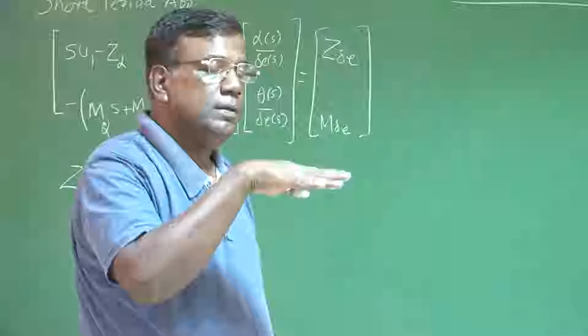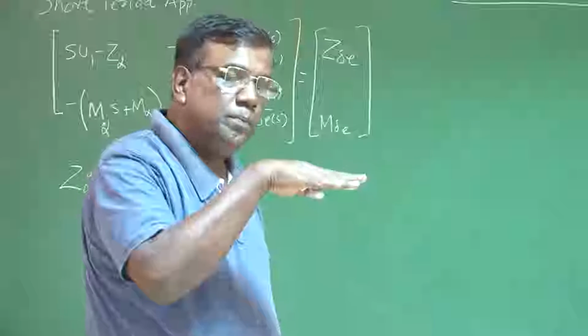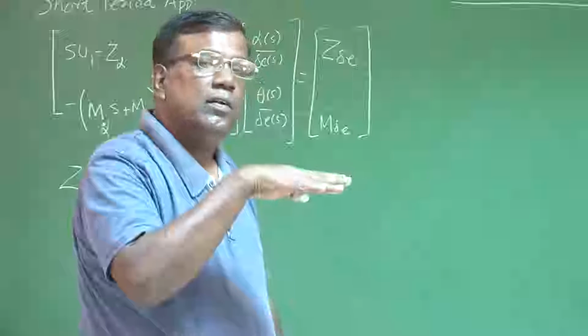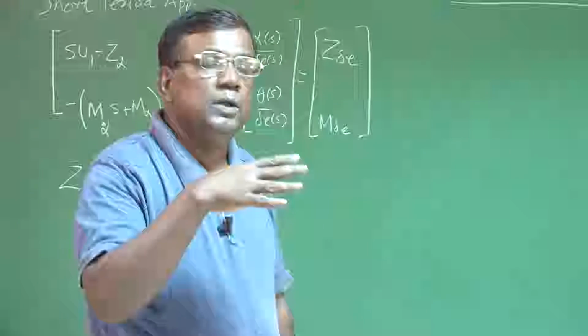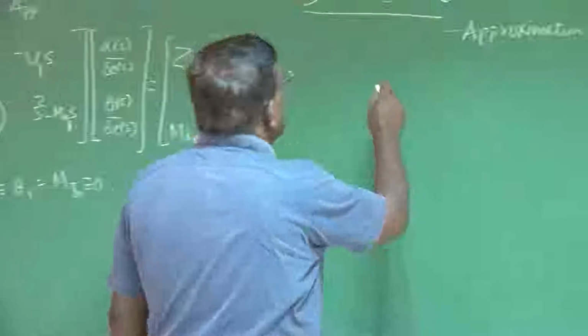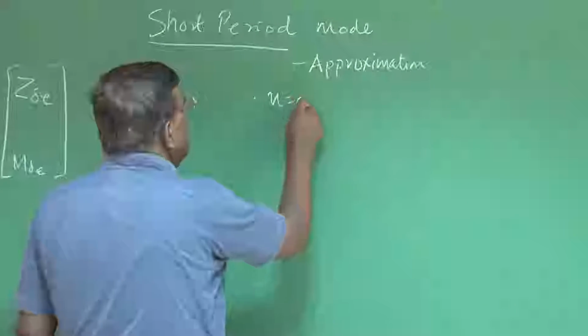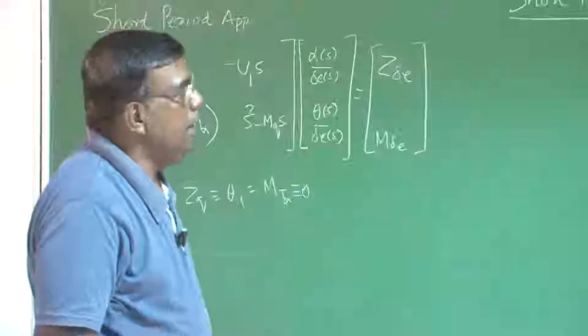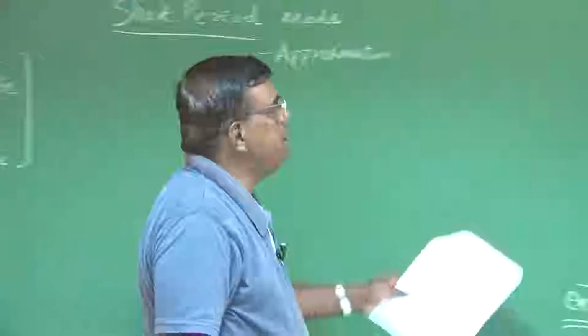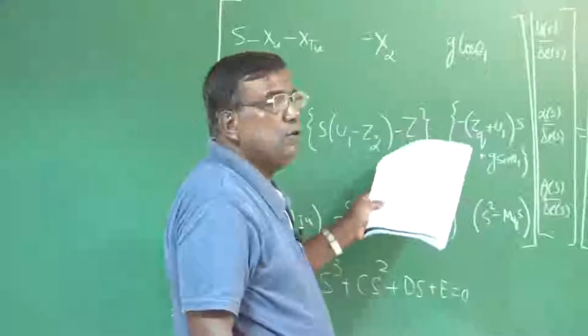And what is the assumption? During this short time, total velocity remains constant. That means the perturbed u is 0. So, one approximation is perturbed u is 0, right? And this understanding will help us in making this matrix in a reduced order form.